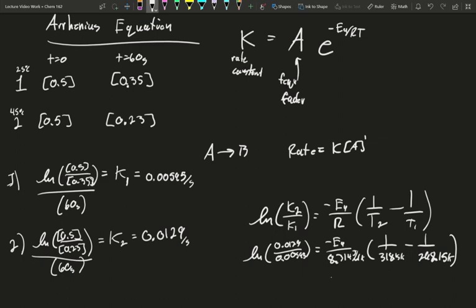Run that, rearrange, get rid of the negative, our activation energy comes out at 30,514 joules per mole.